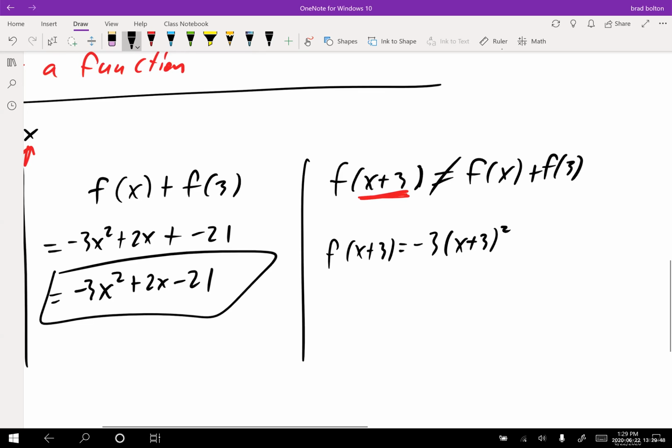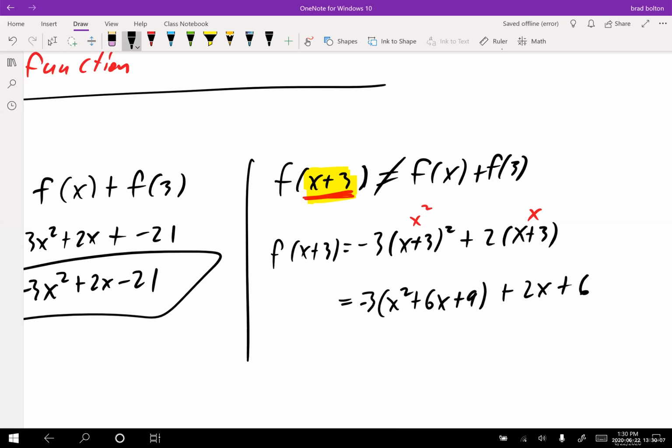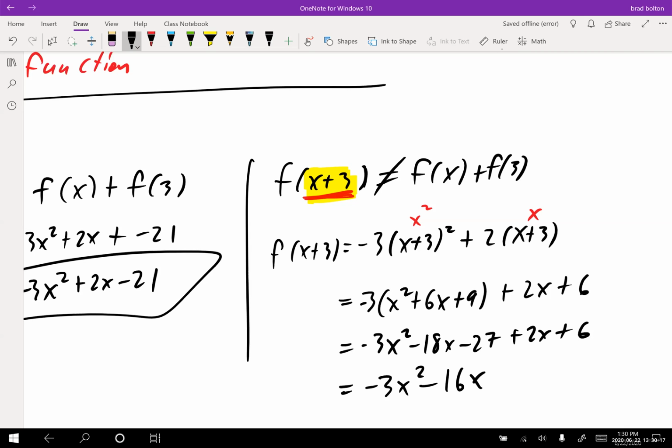It says f of x plus 3, so whatever you're plugging in for x. So negative 3 times x squared plus 6x plus 9. I just distributed real quick, plus 6. Now let's clean this up. Negative 3x squared minus 16x minus 21.